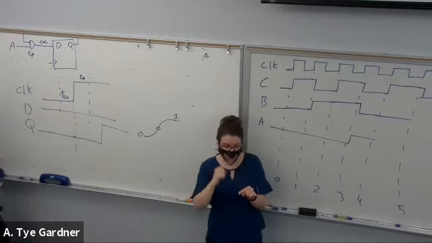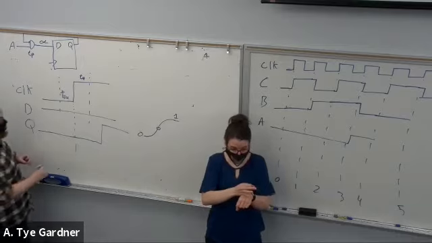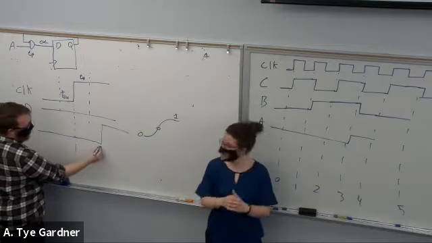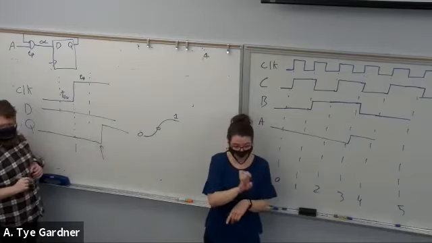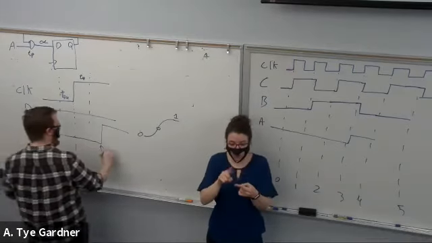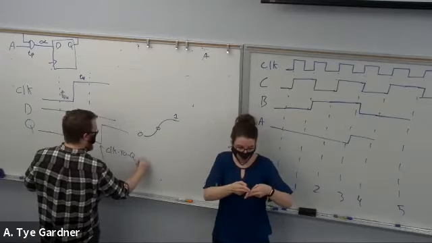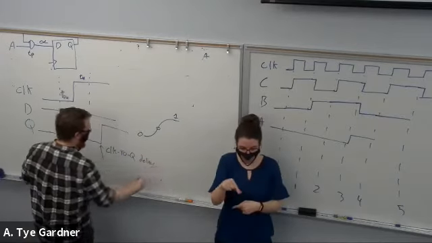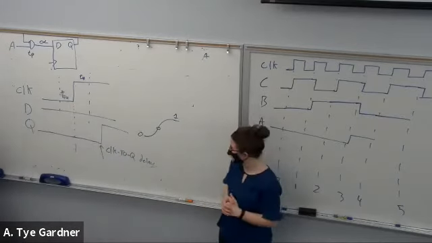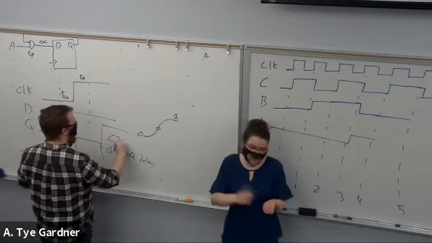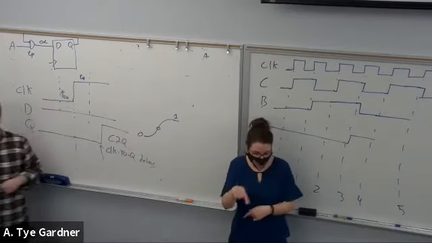All right. That delay from the rising edge of the clock to the point where Q changes is called the clock to Q delay. Clock to Q. Occasionally you'll see me write it as C to Q, just to be shorter.